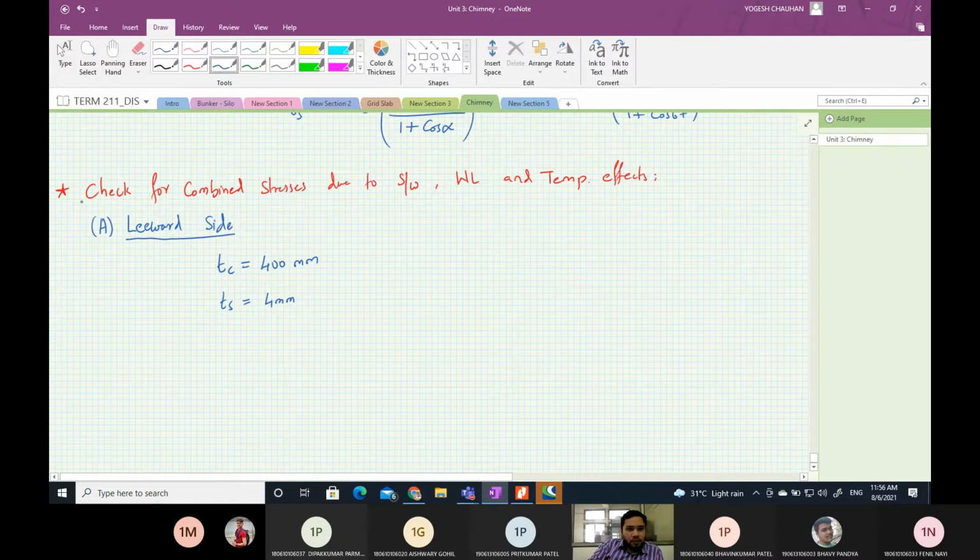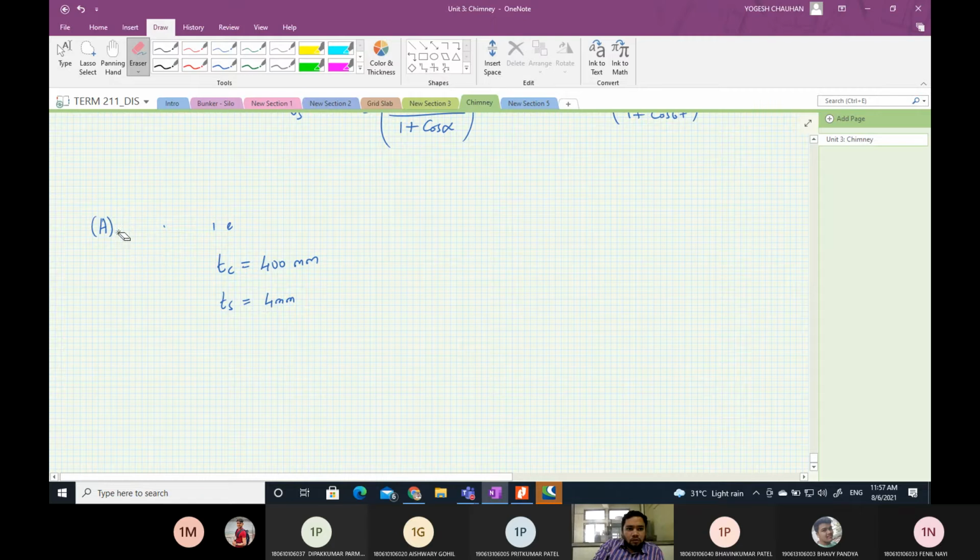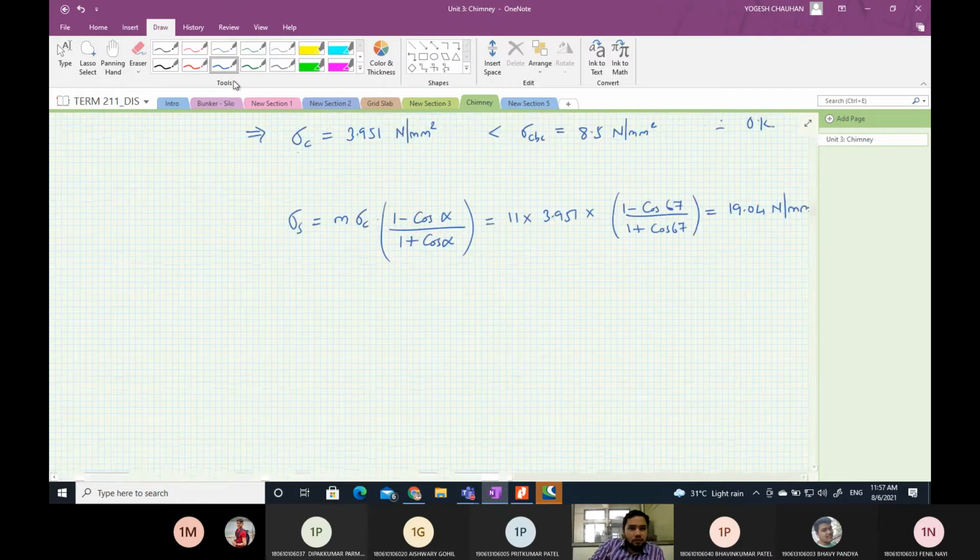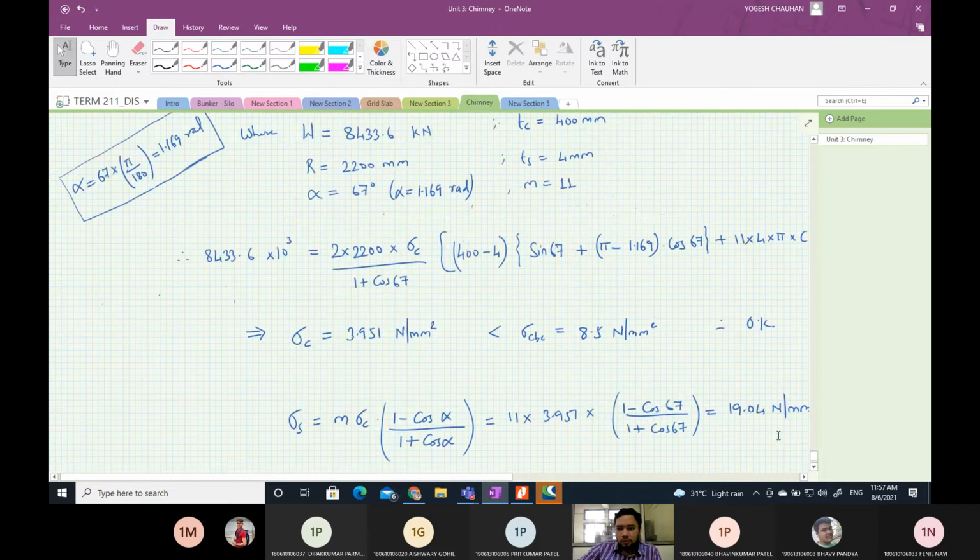Okay, wait a minute, before that let us check the hoop stress also. So the horizontal stress in the horizontal reinforcement due to self weight and wind load, then we'll go to this part. Next is the stress in horizontal reinforcement, that is hoop steel.